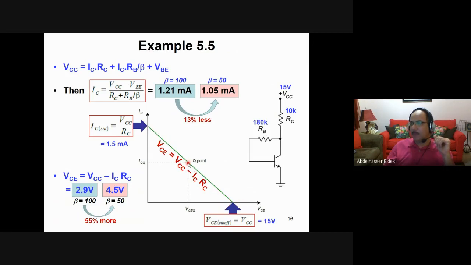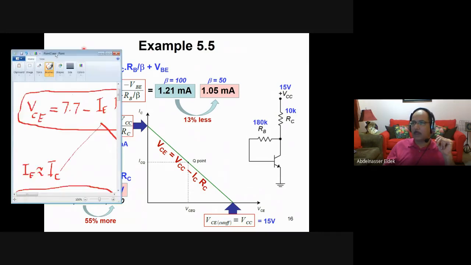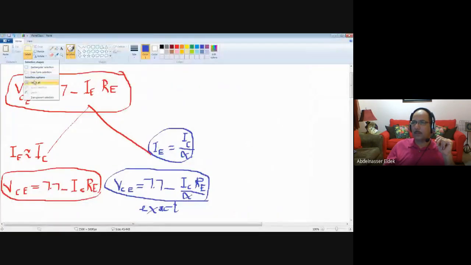Now I know these 2 points, I can draw the load line. Now I will look for the Q point, the operating point. First I need to find IC. To find IC, you have to go over this line here. Let's write it here.